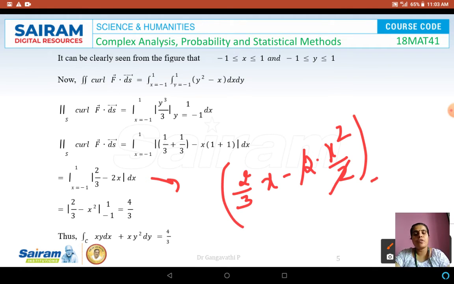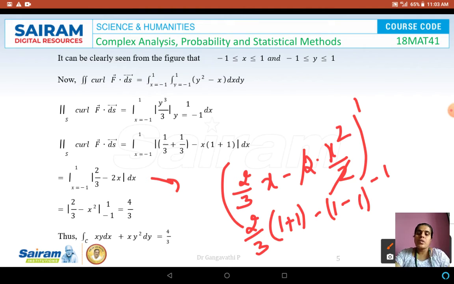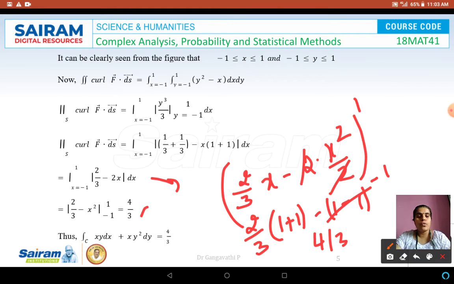For the remaining term, we substitute the limits minus 1 to plus 1. 2 by 3, this x gives 1 minus of minus 1 is plus 1. Minus x square is 1 minus, and again minus 1 whole square is plus 1, so we get minus 1 here. So this becomes 0. 2 plus 2, 1 plus 1 is 2, and we get the answer as 4 by 3. So the integral over C of xy into dx plus xy square into dy is equal to 4 by 3.